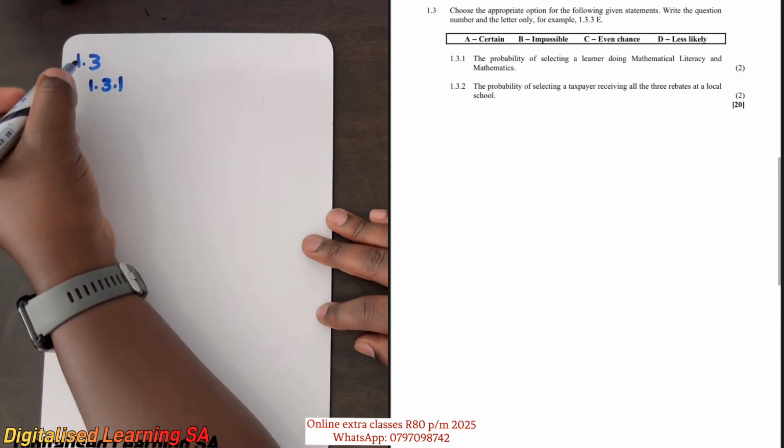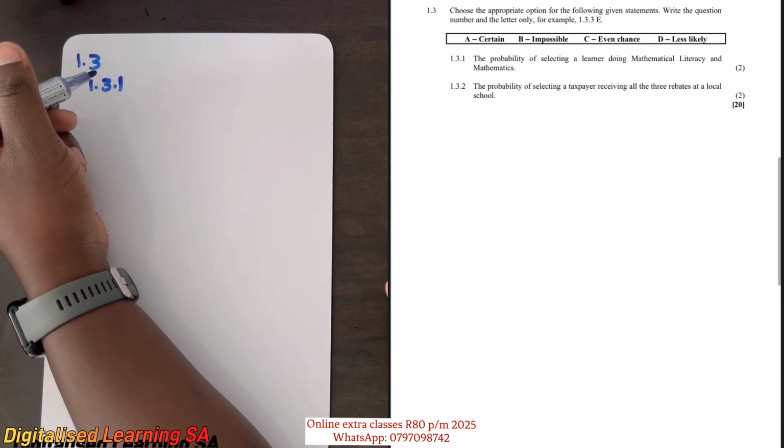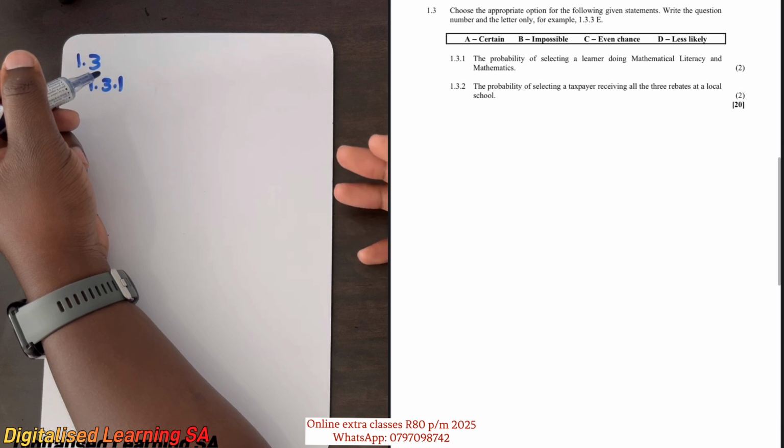So we are going to start with question 1.3.1. Question 1.3.1 says the probability of selecting a learner doing mathematical literacy and mathematics. So we know that in schools, guys, you can either do mathematical literacy or pure maths, which is mathematics in this case.